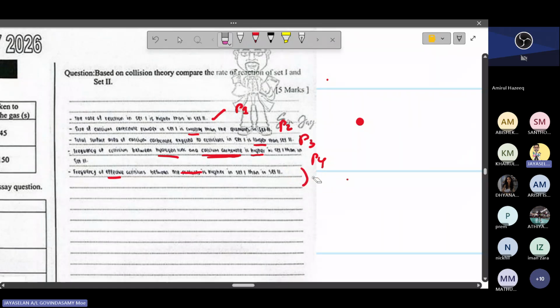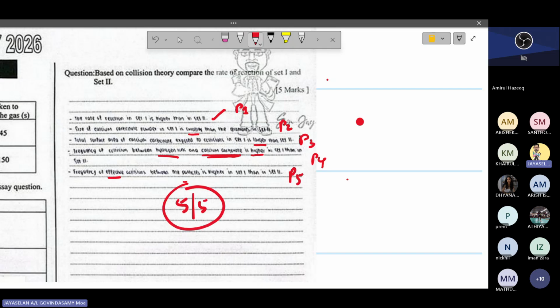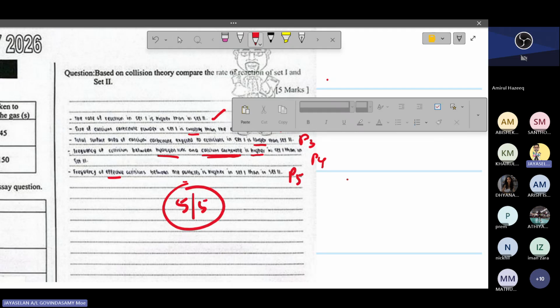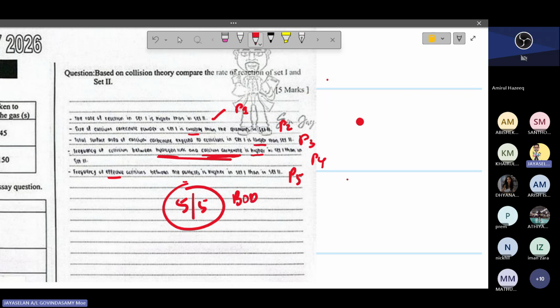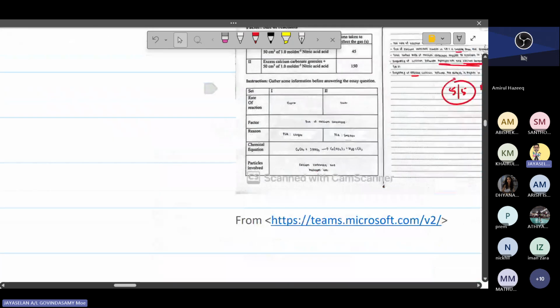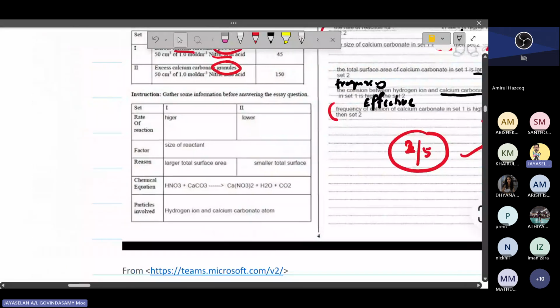Okay, sir. This one has no mark, but I think I can give marks here. 0.5, so I give 5/5. Particles, because she already mentioned it here, so we can give a mark. We can put BOD, benefit of the doubt. So we give the marks. Perfect score. Now we go for the next factor.